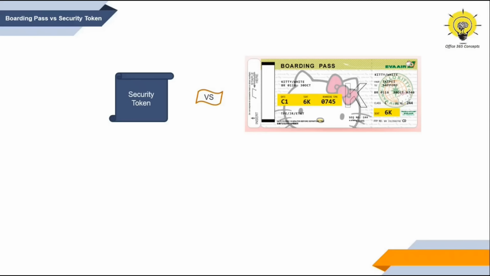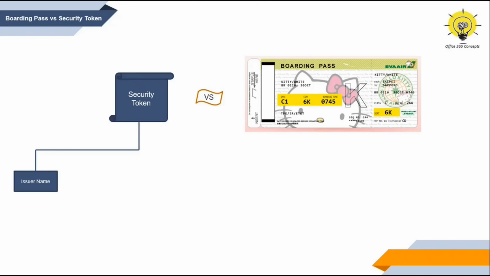A boarding pass contains some information like your name, flight name, your seat number, and the name of the airline that has issued this boarding pass. A security token also contains similar information. It has the name of the issuer, that is the Federation Identifier name of your ADFS server.